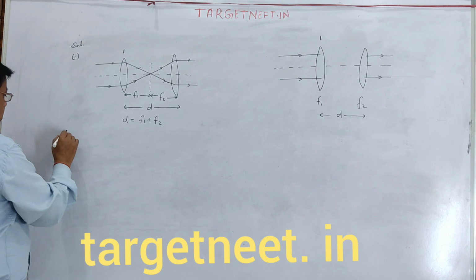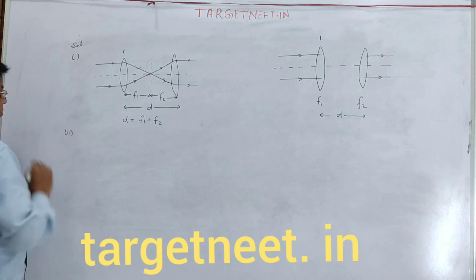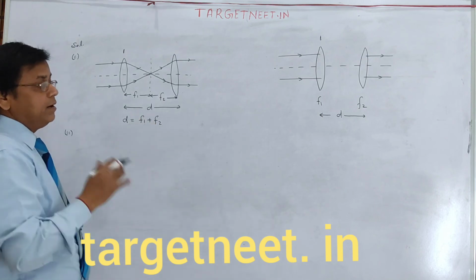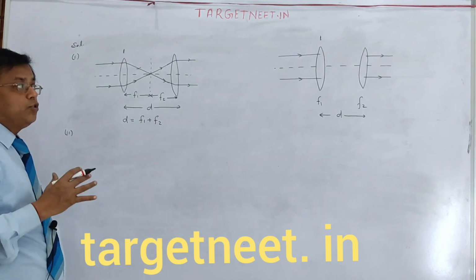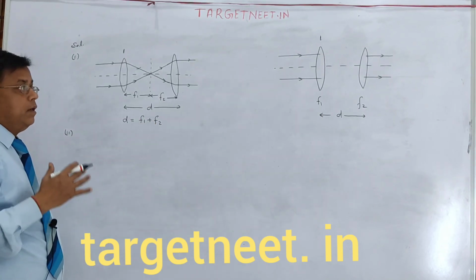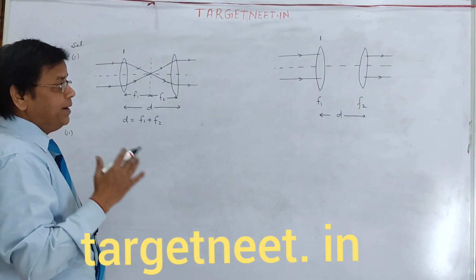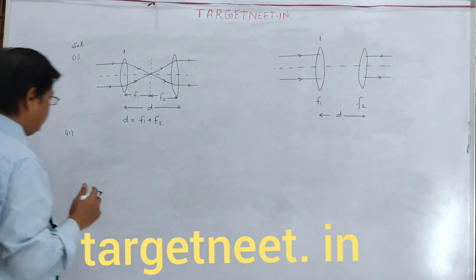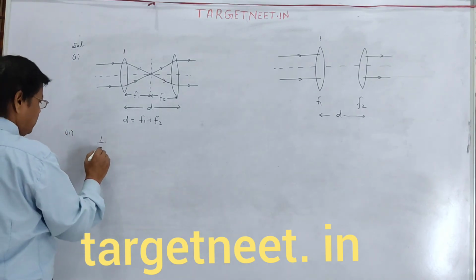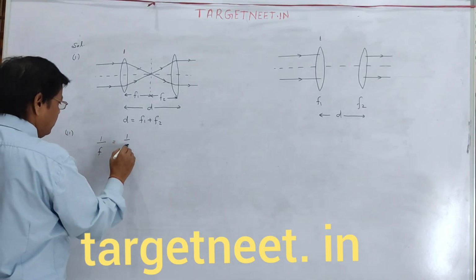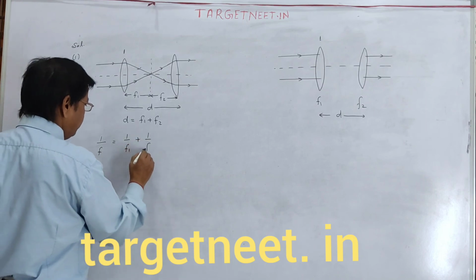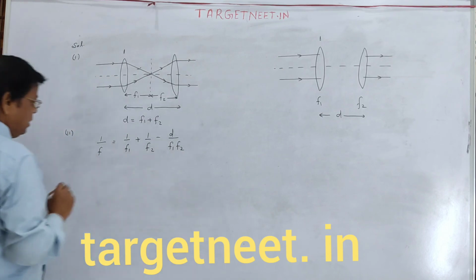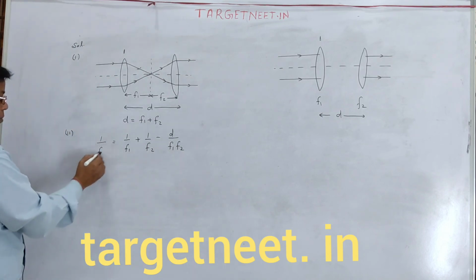Now see the analytical solution. Suppose this lens is not bending light, it means its focal length should be infinite. The equivalent focal length is given by 1 upon F equals 1 upon F1 plus 1 upon F2 minus D upon F1 F2. If F is infinite, then this becomes 0.